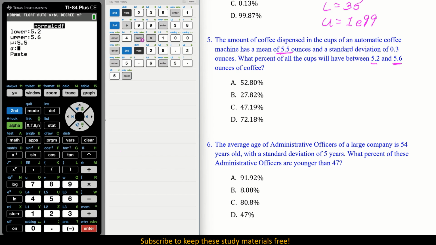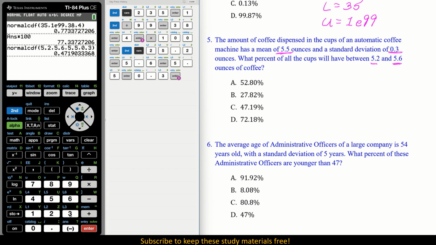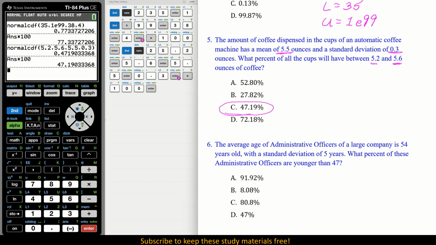Enter. Deviation, ooh, very tiny deviation, 0.3. Enter, enter, enter again. We want a percent, so we say times 100, enter. And there we go, 47.19 rounded, and that will work perfectly.